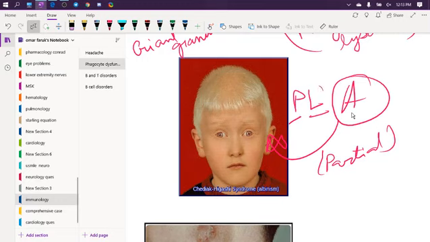I for infection, and N for neuropathy. I'm saying it another time: progressive neurodegeneration, lymphohistiocytosis, albinism, which is partial, infection, and peripheral neuropathy.